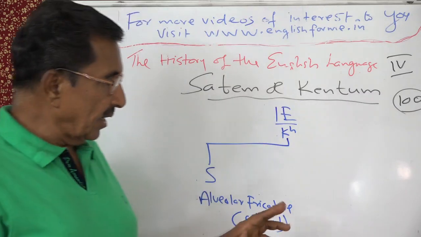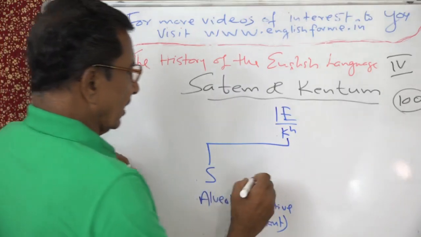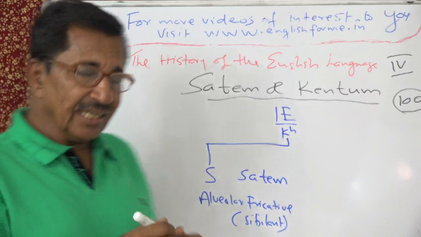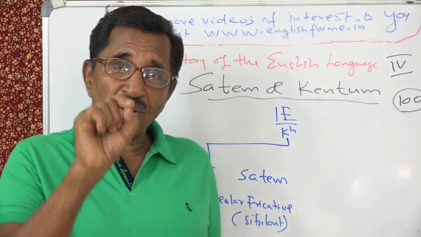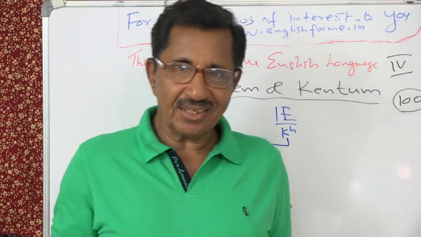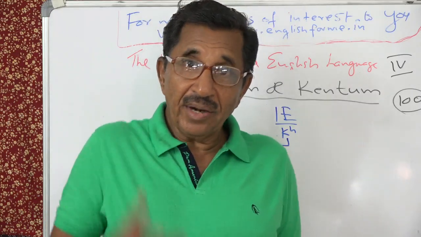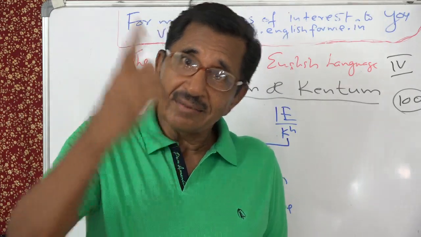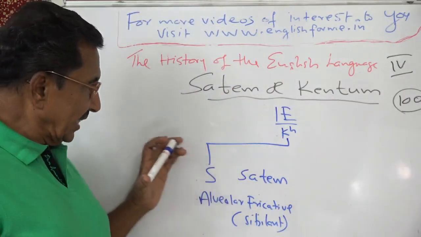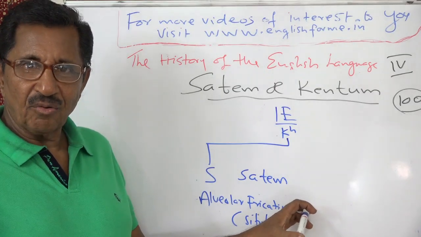How do you know this? Because the word meaning 100 in Sanskrit begins like this, Satam. So Sanskrit is the representative of all the Eastern branches. And who made Sanskrit representative? Scholars. Therefore, the Eastern branches are known as Satem branches. Why?